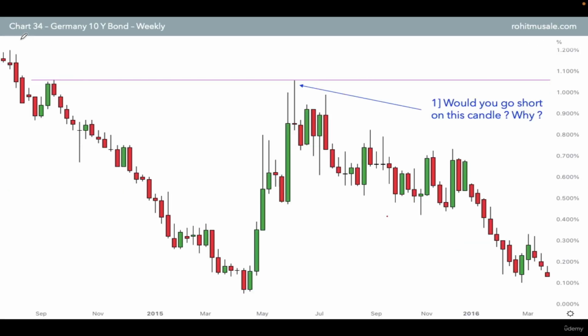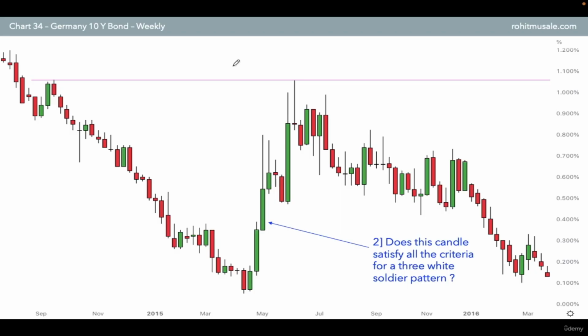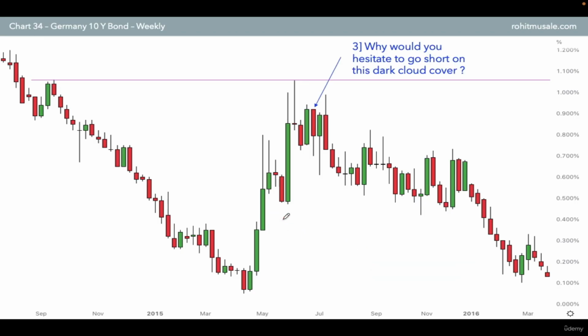So this is chart number 34, the German 10-year bond yield, weekly time frame. Question 1, would you go short on this candle and why? This candle, I have drawn a pink line here. Number 2, does this candle satisfy all the criteria for a 3 white soldier pattern? So this one. Number 3, why would you hesitate to go short on this dark cloud cover?